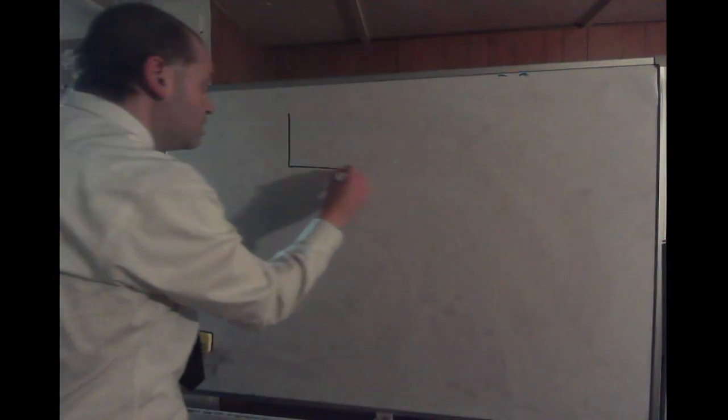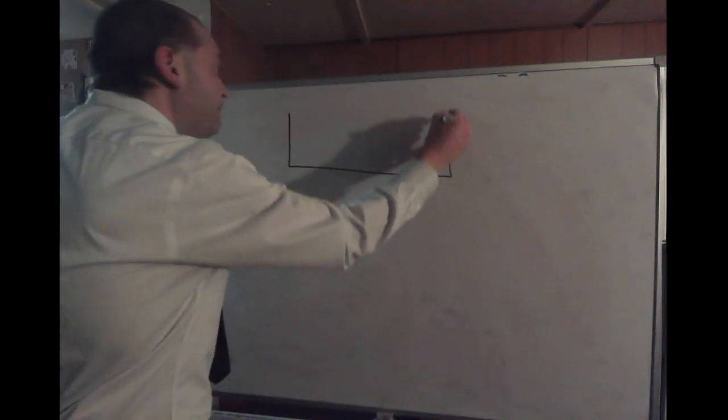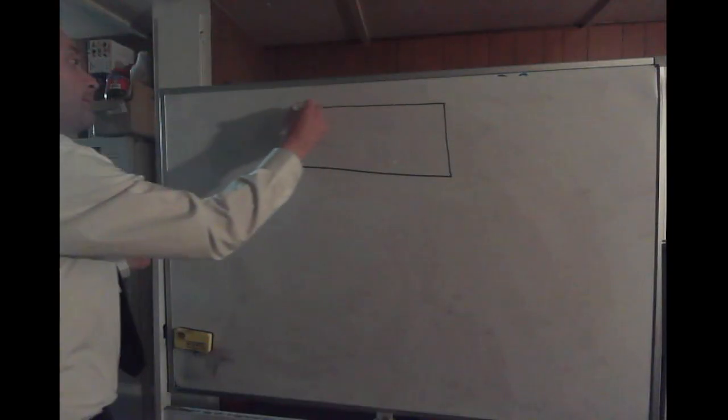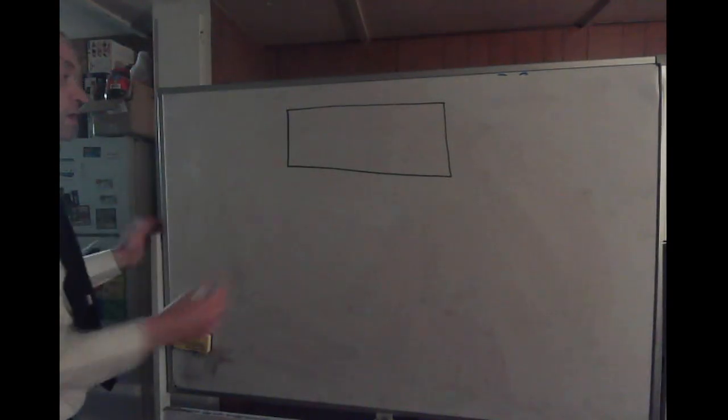All right, I have about 4 more exercises here. Bear with me. Another rectangle. Where's the diagonal this time? It's going this way.